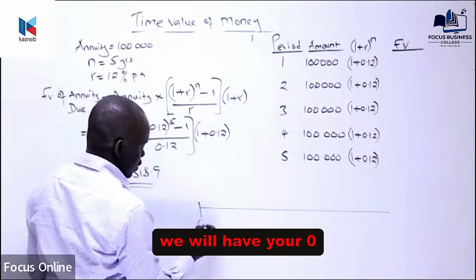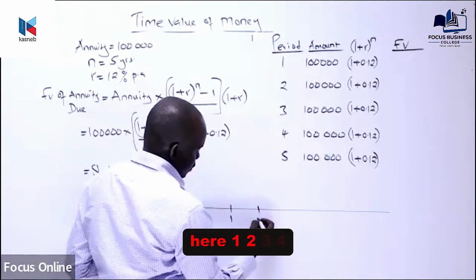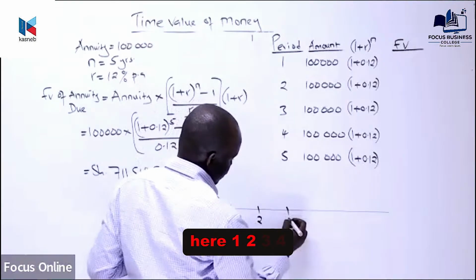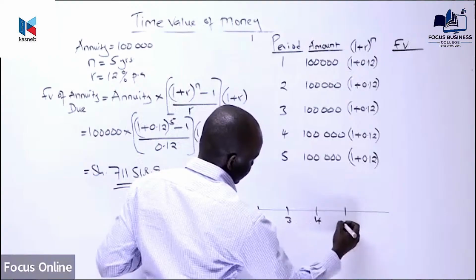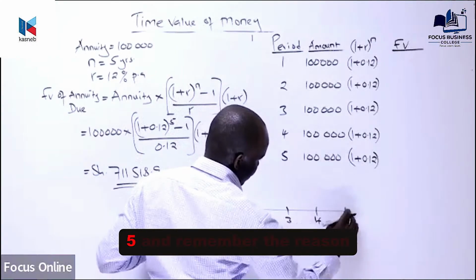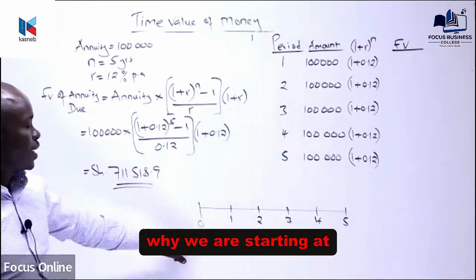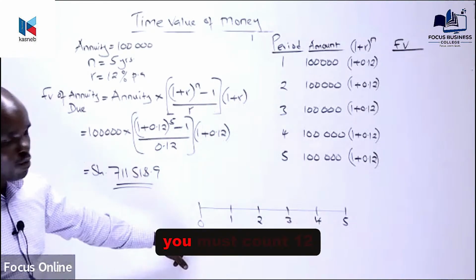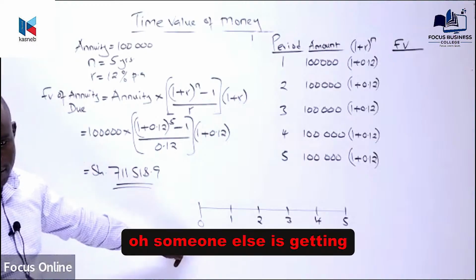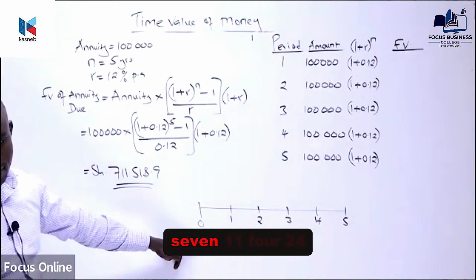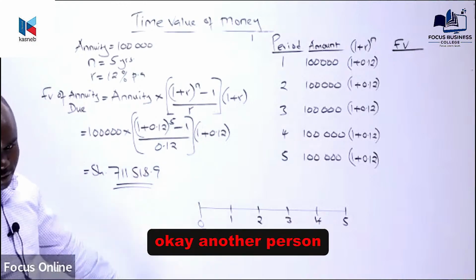We will have 0 here, then 1, 2, 3, 4, 5. And remember, the reason why we are starting at 0 is that we must count 12 months before we call it a year. Someone else is getting 711,424. Okay. Another person?